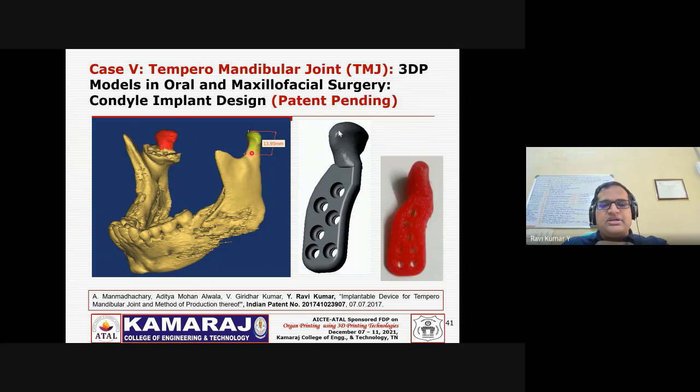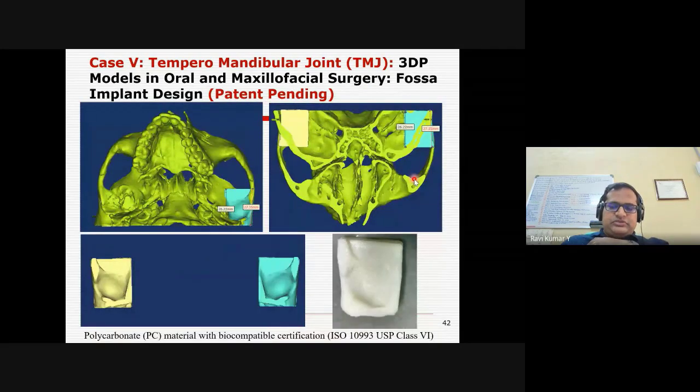of the jaw, and this is the design of the condyle portion. Initially we printed it into a polymer based system to check how it is coming, and then you have the fossa component, where your condyle will come and sit inside.